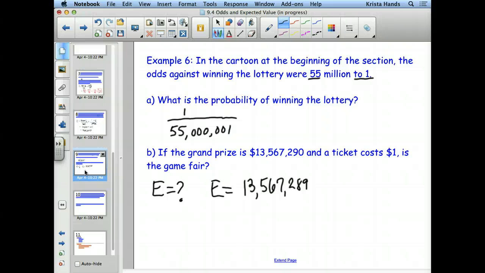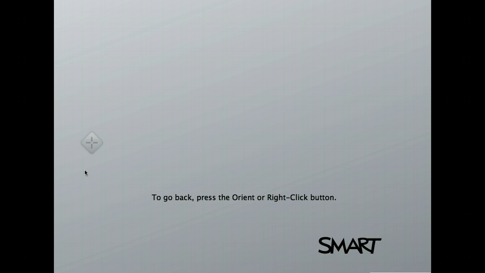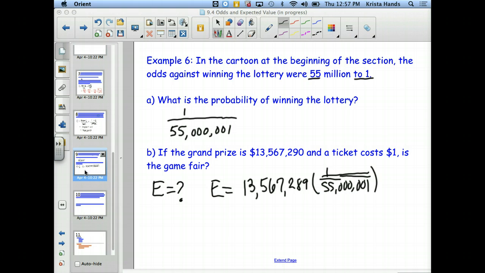How likely are you to win? Not very. What is that? 1 in 55 million and 1, from part A. Okay, so that's the winning side.